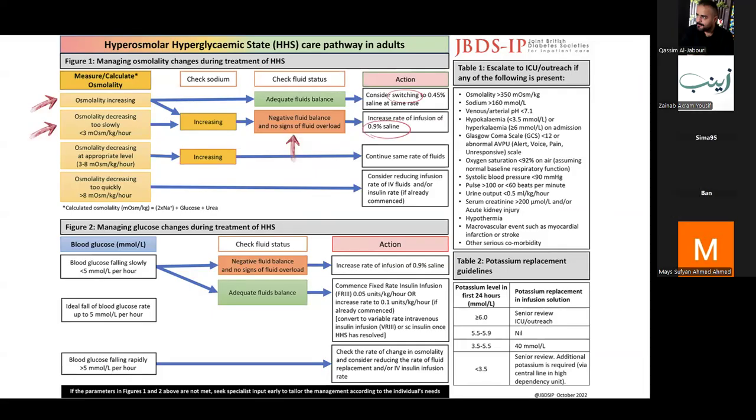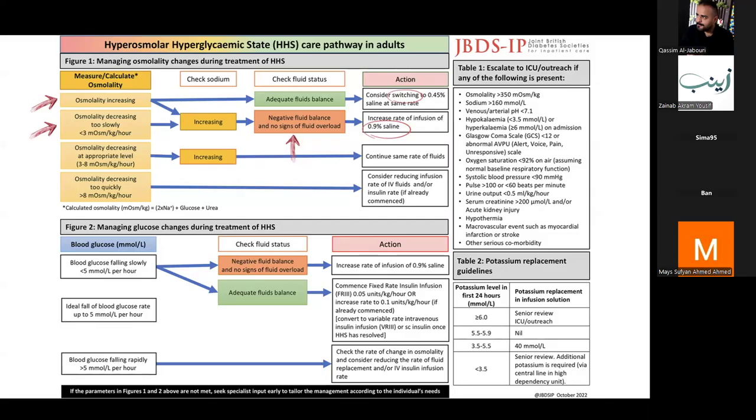The recommended rate is between 3 and 8. So if it's going slower than the rate recommended by the guidelines, which is below 3 milliosmol per kg per hour, that's when you need to again go back and review your fluid balance.